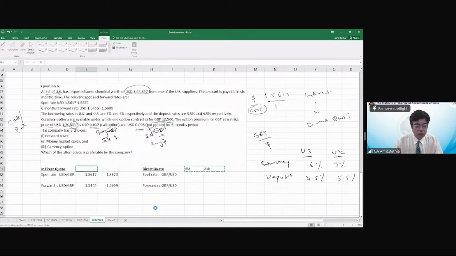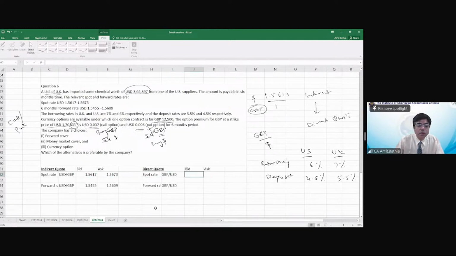Now we have learned earlier how to convert indirect quote into direct quote. First of all, it will become the reciprocal, and then the bid reciprocal will become the ask rate, and the ask reciprocal will become the bid rate.